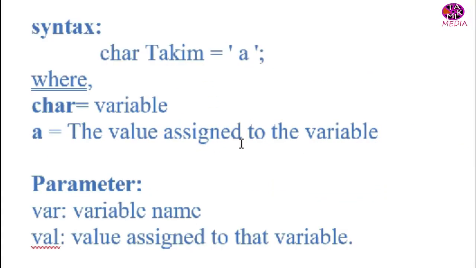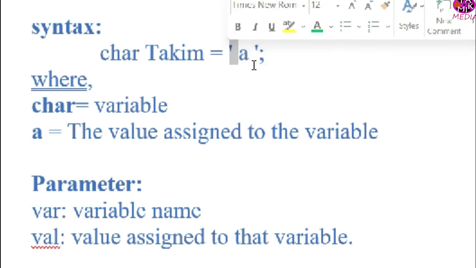See carefully. A is in single quotation. A letter is stored as a number, represented as a specific text character. This method is called ASCII, American Standard Code for Information Interchange.